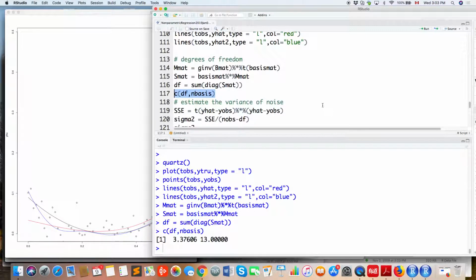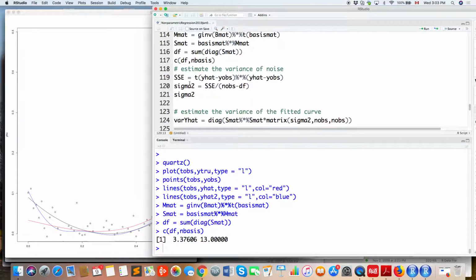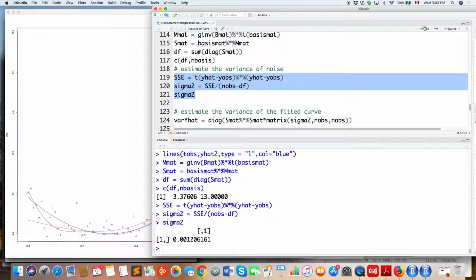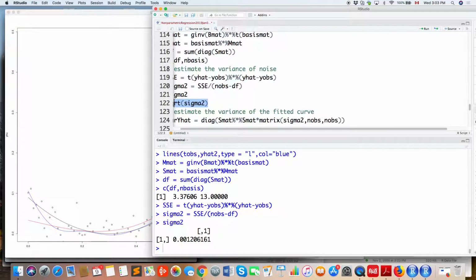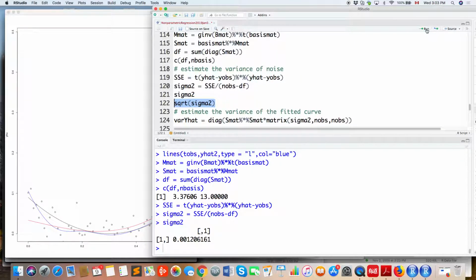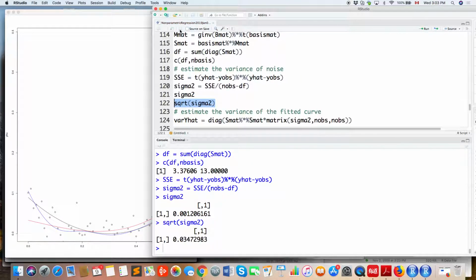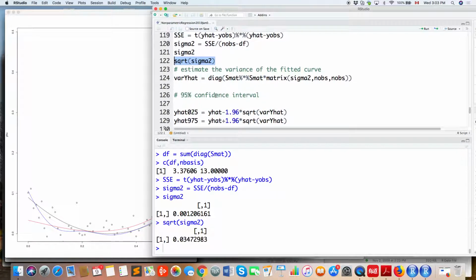Then we can also look at the estimation of sigma square. It's also close to 0.03, which is the true standard deviation of the noise.